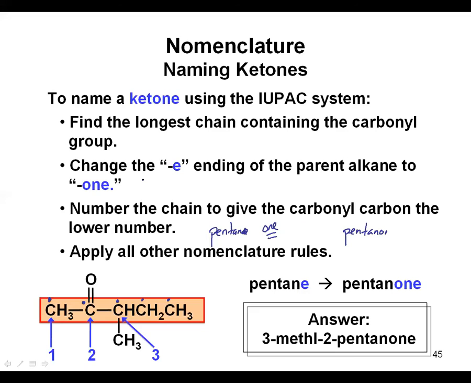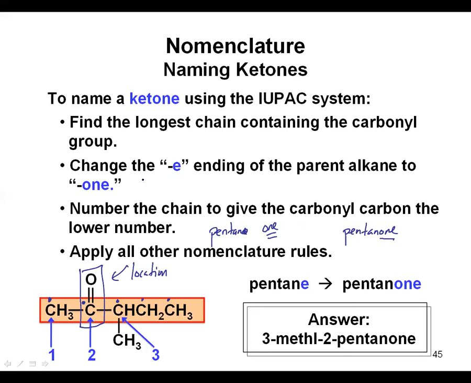Now, unlike an aldehyde, because the ketone will pretty much never be at the end, you do need to give the location of where we find that carbon-oxygen double bond. So we do need that location. Starting around 4 carbons or more is typically where you need to put the location in. And we do want to give it the smallest number.